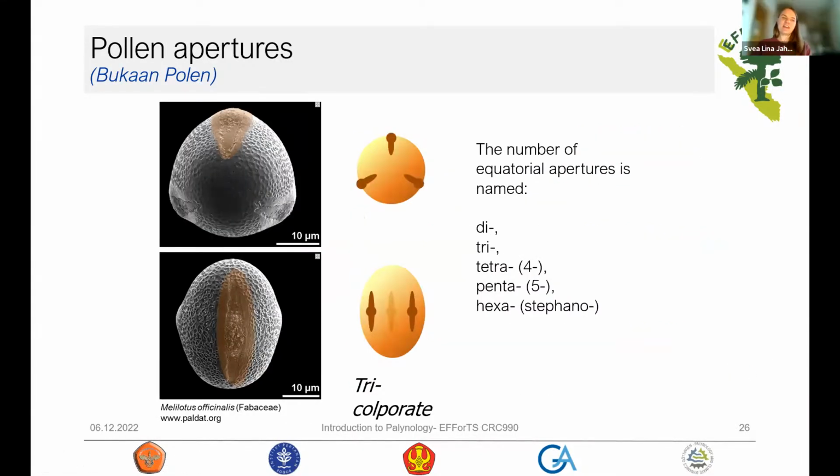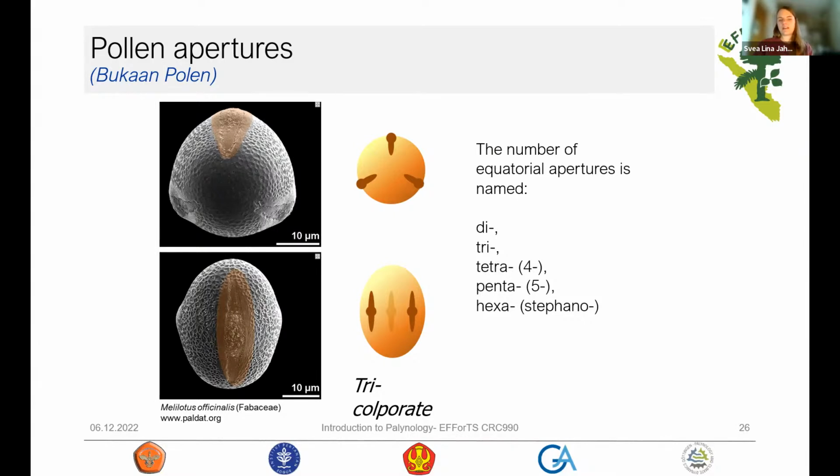And then, of course, there are different amounts of apertures. So not all pollen grains have three or all the same, but they can come in different amounts. I think the most common is 3. Then you would add a 3 in the description of your pollen grain. So when you describe the pollen grain, you also need to mention which type of aperture it has and how many.